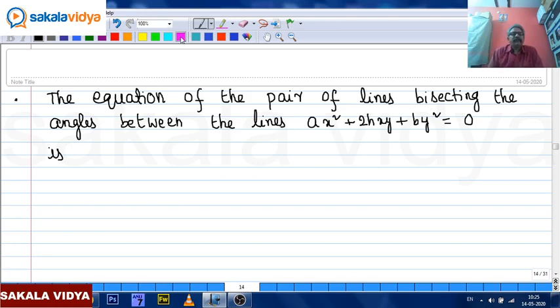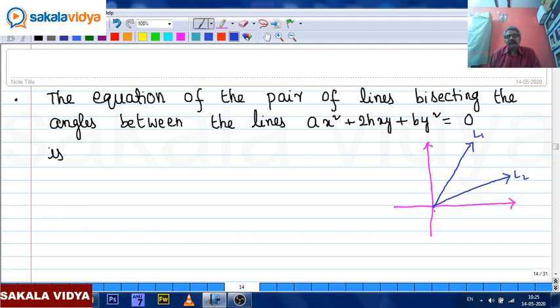So that means first of all, let's have a concept here. X-axis and y-axis, these two are represented by, take the color, L1 and L2. This is the origin O. Now we need to find out. This bisects the angle between L1 equal to 0, L2 equal to 0.